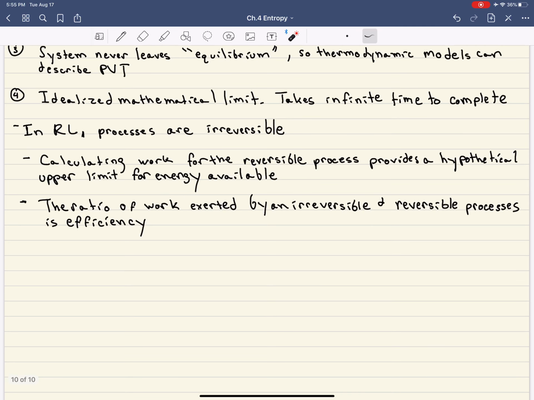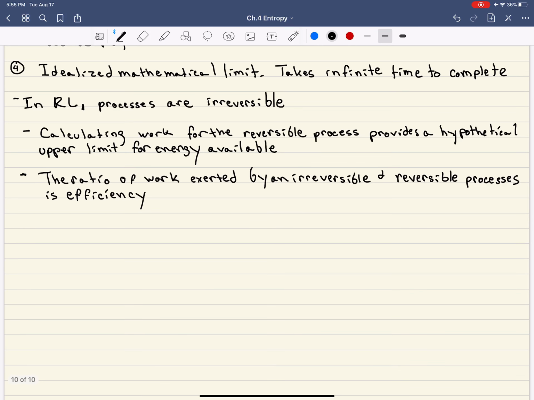Now, the last thing I want to bring up is, you have a system, and the maximum amount of work available from that system is based on the amount of energy that's in your system. That's what the work is characterizing.